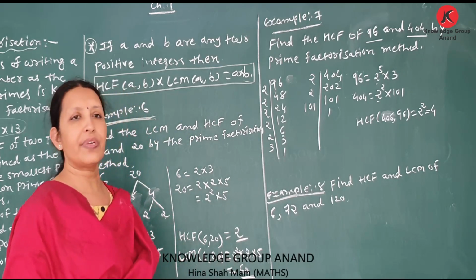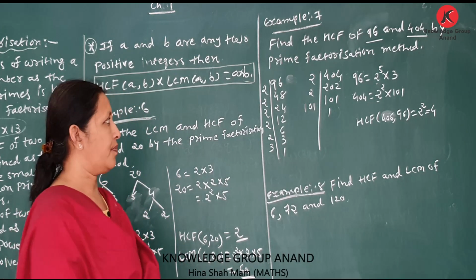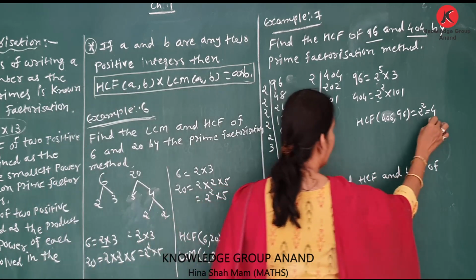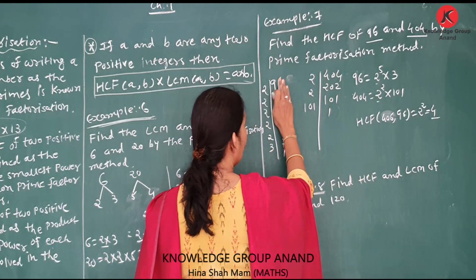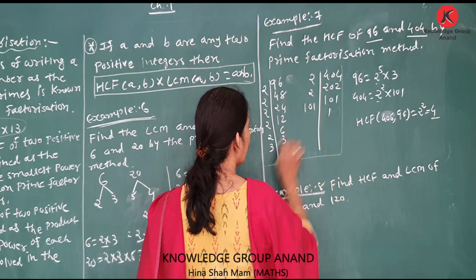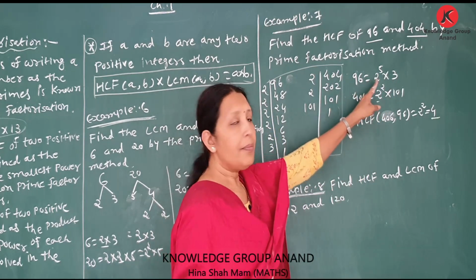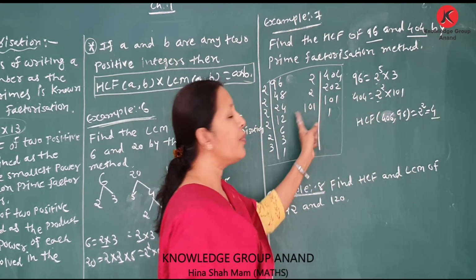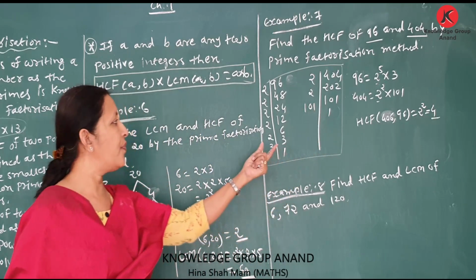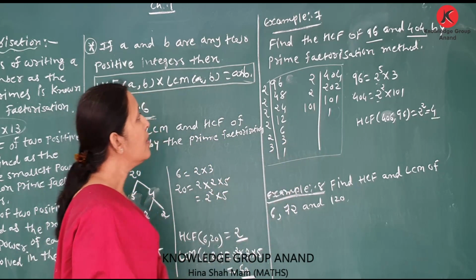Here HCF is equal to 4. You write these two parts in rough work and write here only the factorization, prime factors. Do these two parts in writing so that you know this method easily.